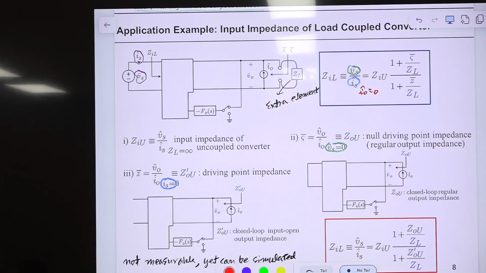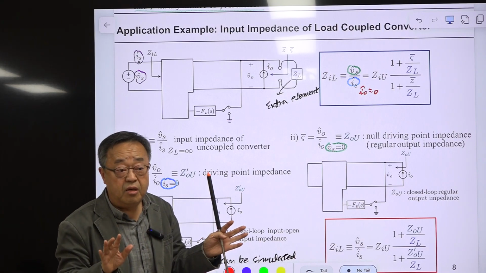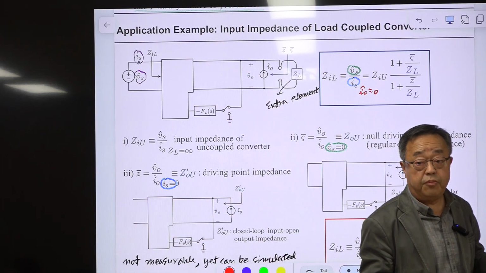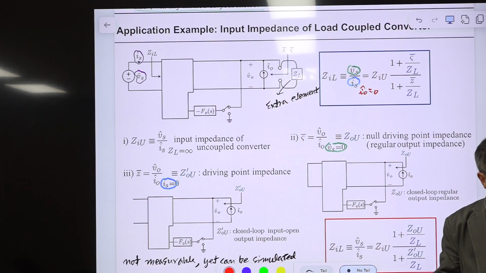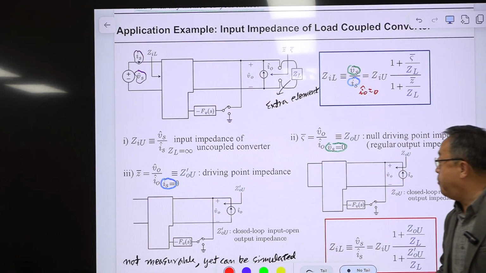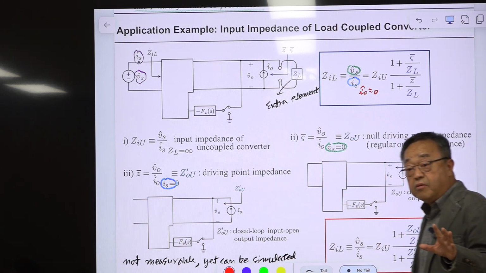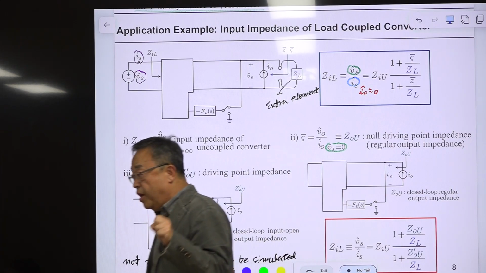Probably you are wondering whether we may use the expressions of these transfer functions. We don't need that. We don't want to use that. The frequency response, the Bode plot of those transfer functions, will be used. The Bode plots of these transfer functions are available from measurement and simulation.